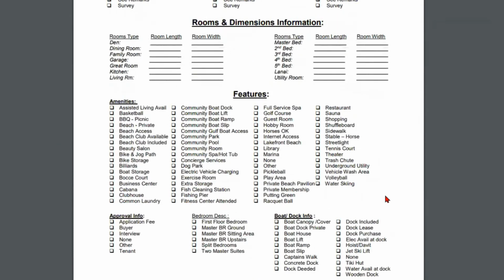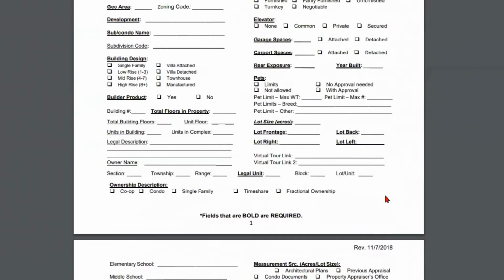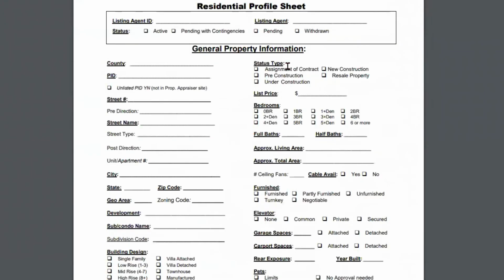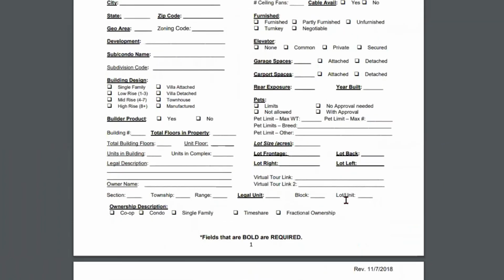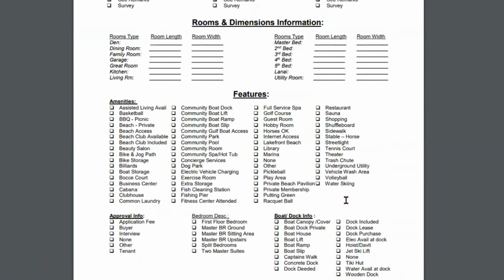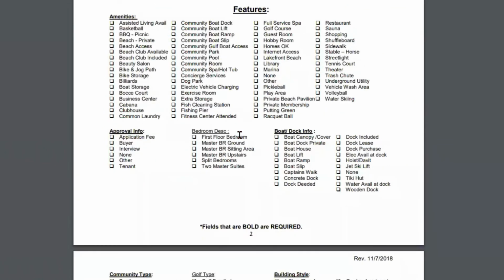So you'll notice here on the form, some of these fields, let me just scroll up just a little bit. Some of these fields, like status type, for example, you'll notice it's in bold type and it's underlined. Those are required fields when you're entering a listing into the MLS. But you'll notice you'll come to other fields, like bedroom description, for example, that are not necessarily required. But just because information isn't required doesn't mean you should not enter it into your listing.